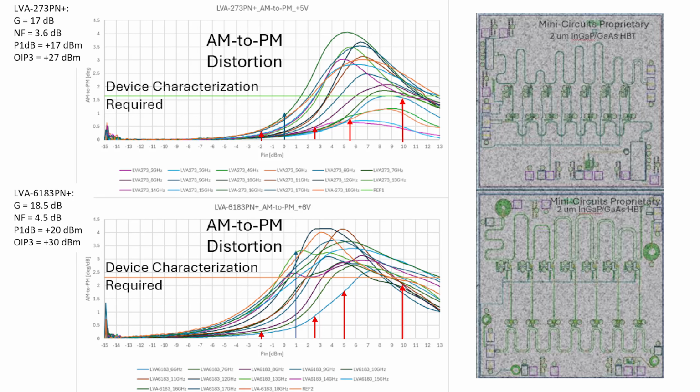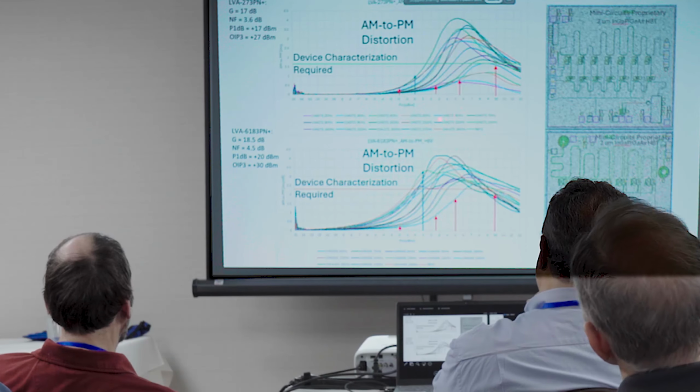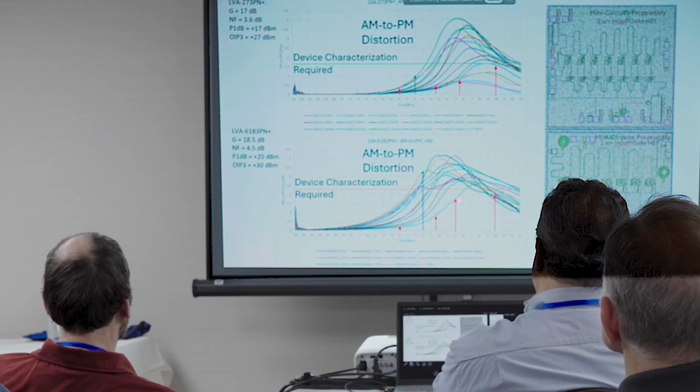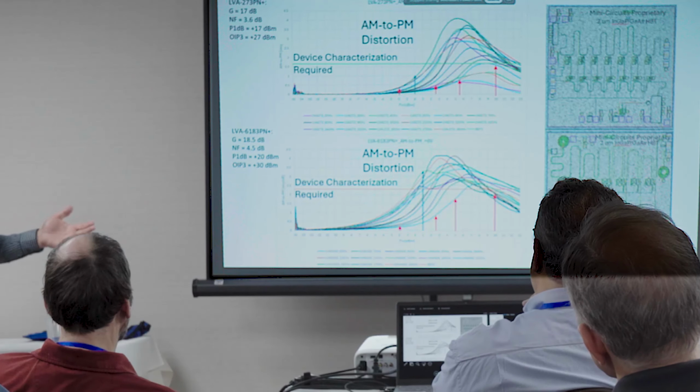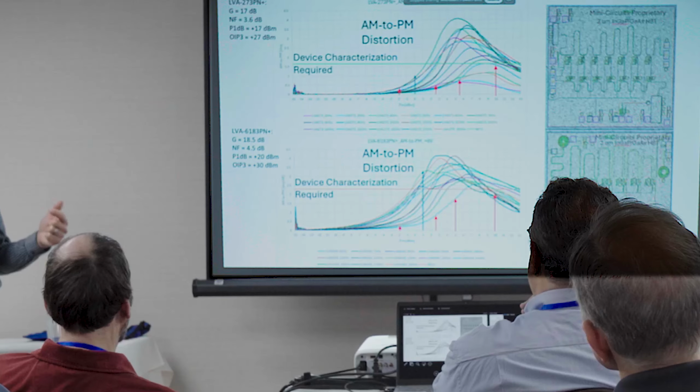Oh, you have to go back to our friend AM to PM distortion. And these arrows are designed to kind of intersect with the 6 gigahertz curve, which is here. Okay, and the same thing here. The 6 gig curve is this blue curve. So I've got a higher power part, higher saturated power, a little bit higher gain.